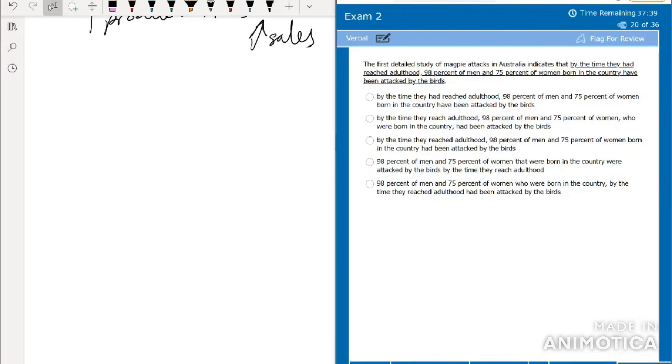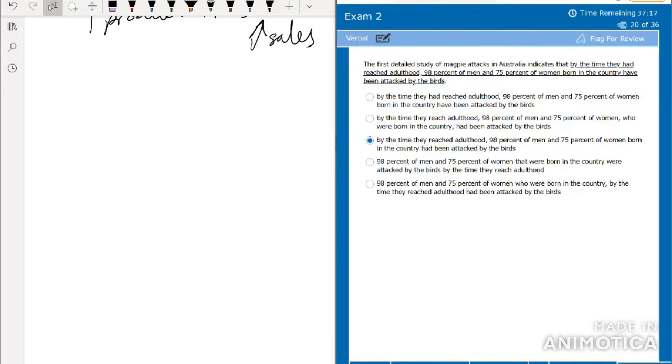And then B, we got the opposite problem. By the time they reach adulthood, had been. Don't know. C, by the time they reach adulthood, had been attacked.